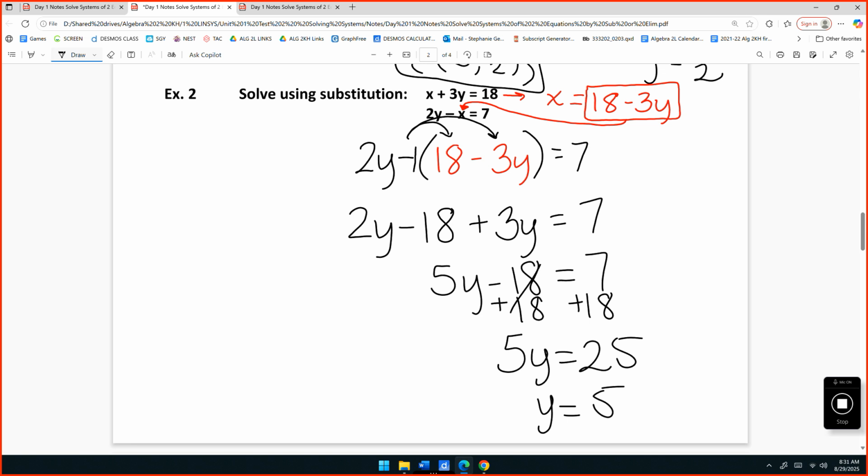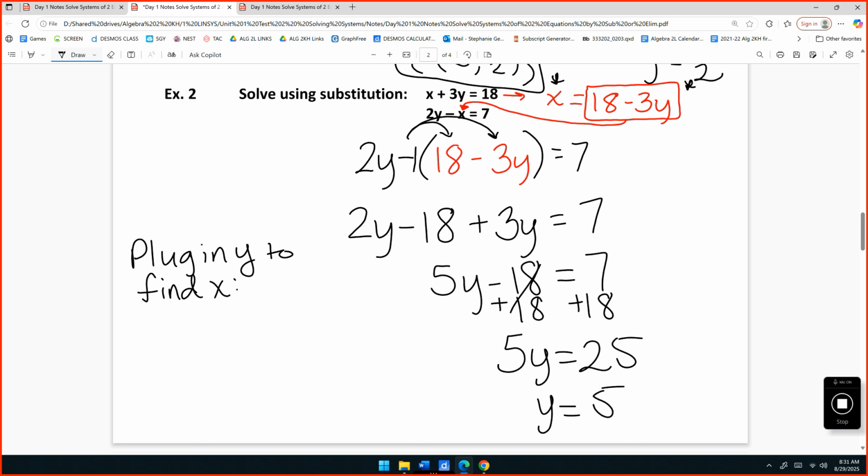Okay, but now we need to get x, right? So I need to plug in y to find x. And we get to choose what equation we use, but it's always going to be easiest to use your substitute equation.